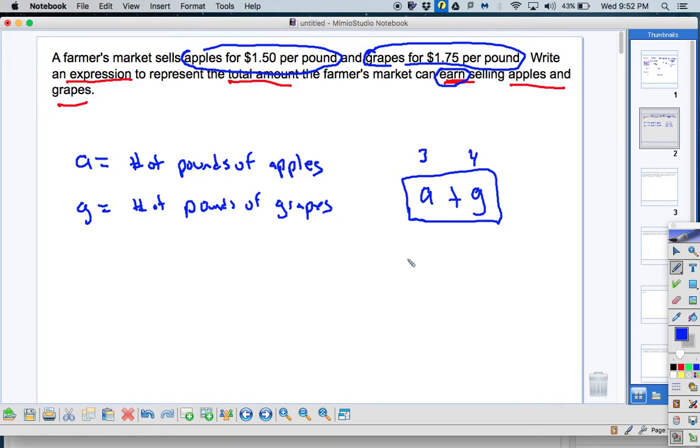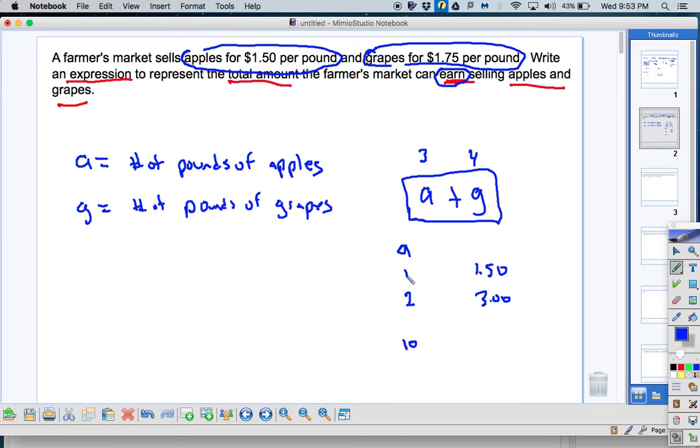So let's look at the apples first. Let's say that I have 1 pound of apples, and I want to know how much it costs, and that is $1.50. And if I have 2 pounds of apples, then I have spent $3. And I want to know how much 10 pounds is worth.